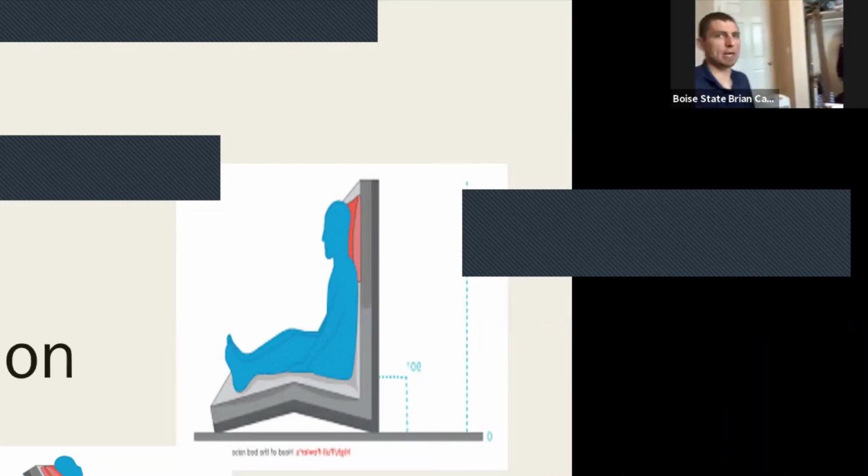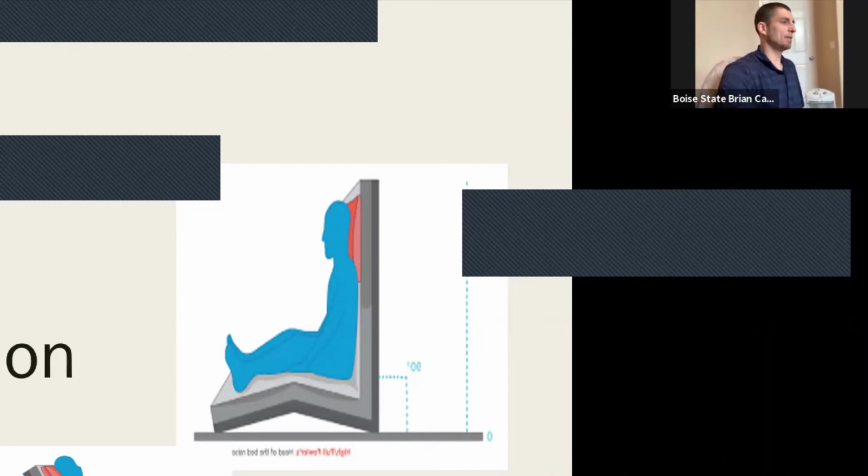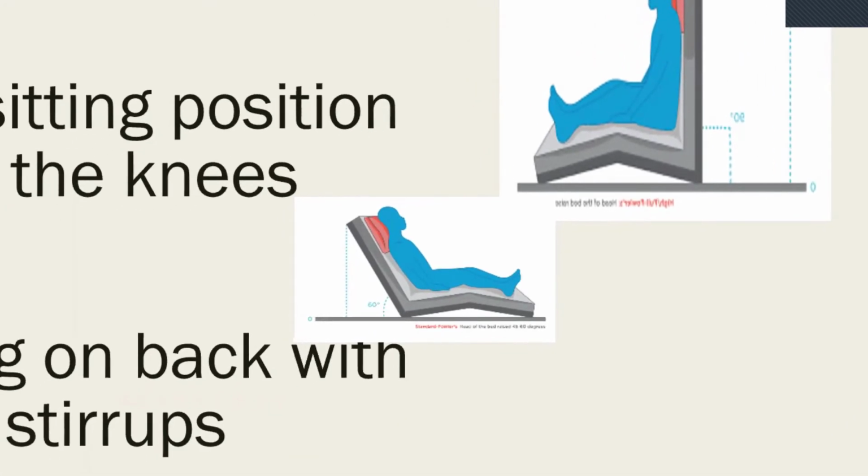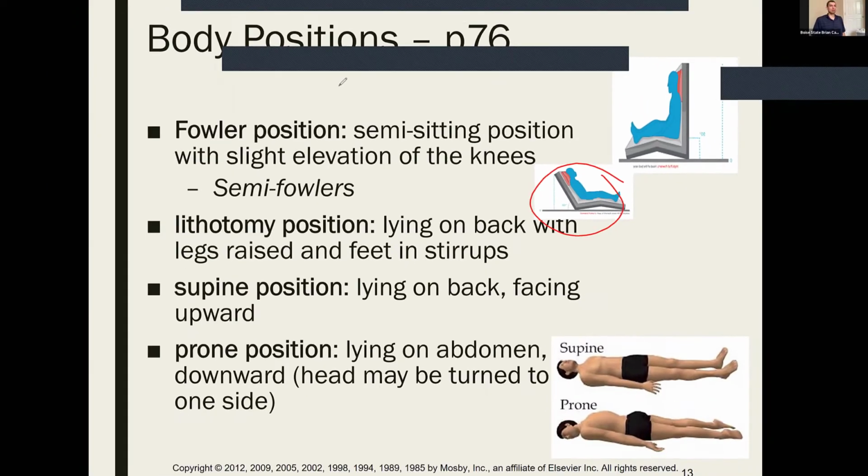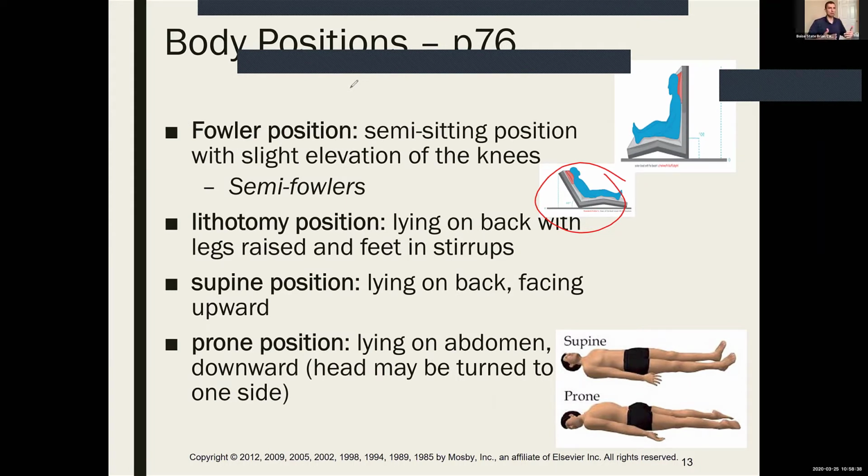A semi-Fowler's position would be this image that's on the screen where the patient is sort of kicked back. So recliner, and you put your feet out and you just kick back, right? Like you're going to watch a TV show. That'd be kind of like a semi-Fowler's position. And most patients do sit in a semi-Fowler's position. When we're attentive and working, we're kind of Fowler's, but if we're just chilling at home, typically we like to be semi-Fowler's, and most of our patients at the bed are going to be in a semi-Fowler's position.